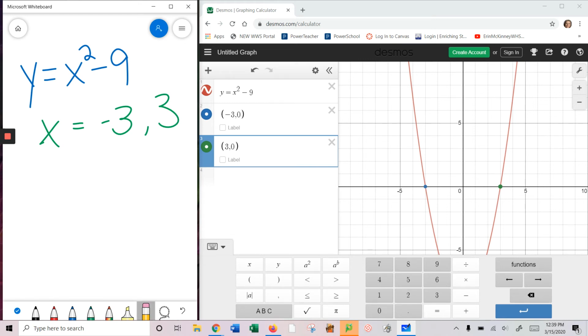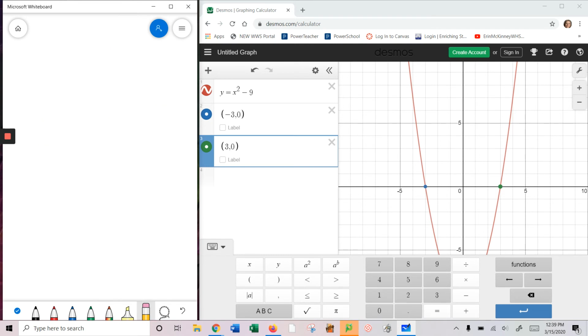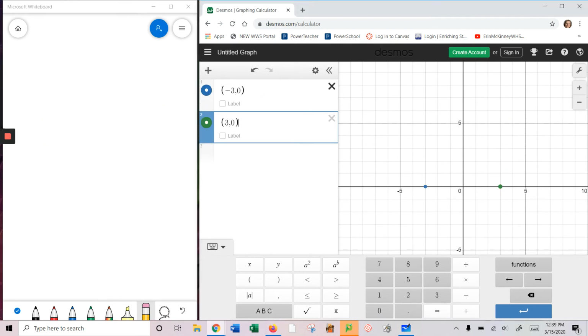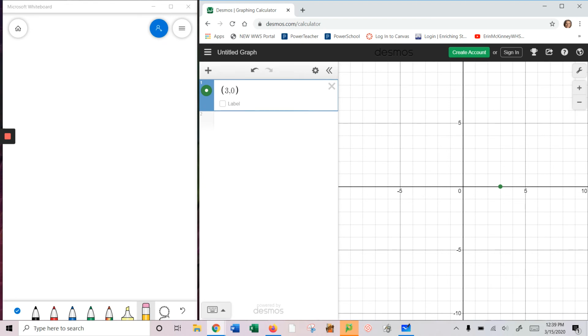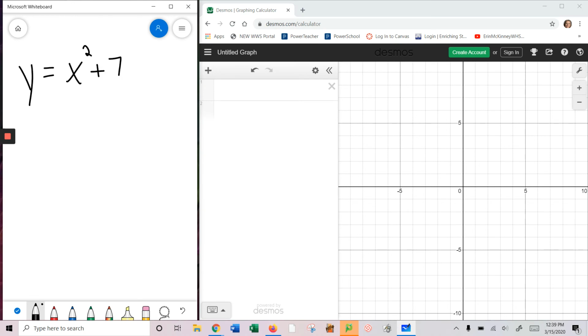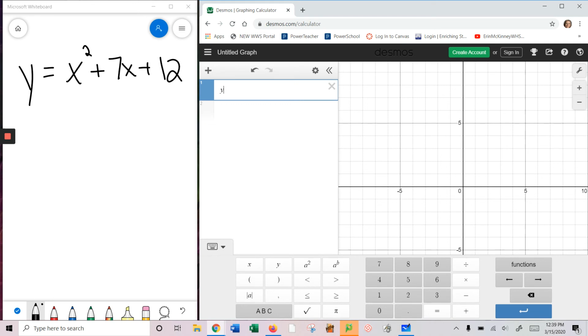So let's look at another one here. Let's say I'm going to get rid of my graph too. Let's say I want to solve y equals x squared plus 7x plus 12. So I can now go to my graphing tool and type in y equals x squared plus 7x plus 12.